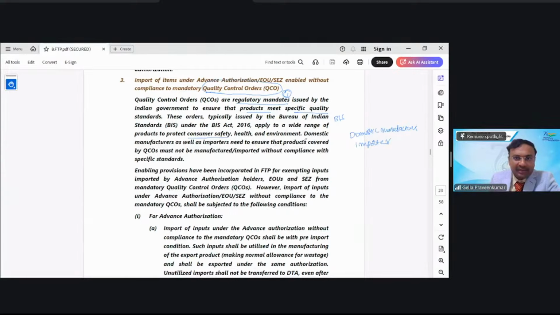The importer needs to ensure that products covered by QCO must not be manufactured or imported without compliance with specific standards. Now, what they're talking about is with respect to your EOU, Advance Authorization, SEZ, enabling provisions, which means these entities don't comply with these provisions. However, they are allowed to import. How it will work, I'll explain to you.